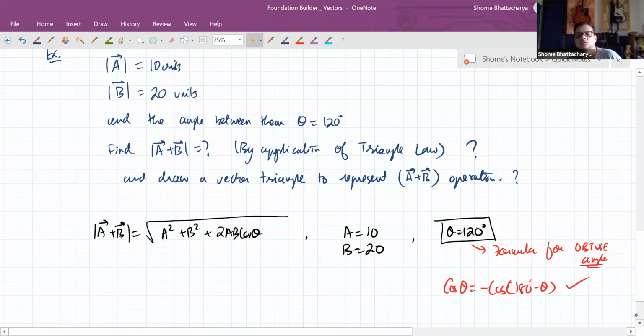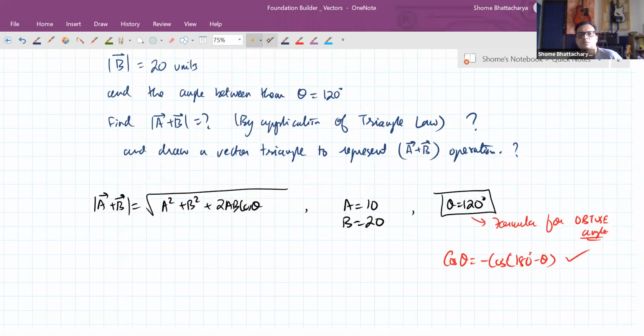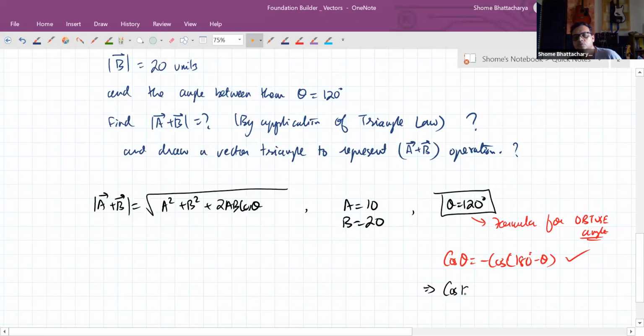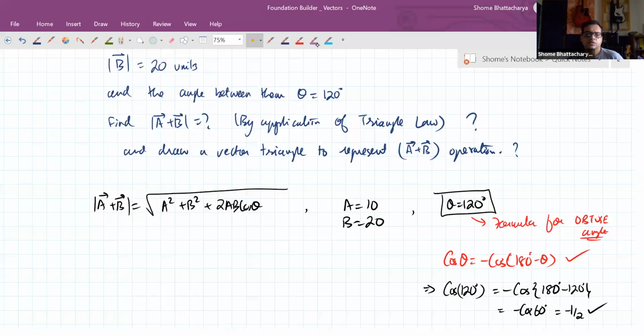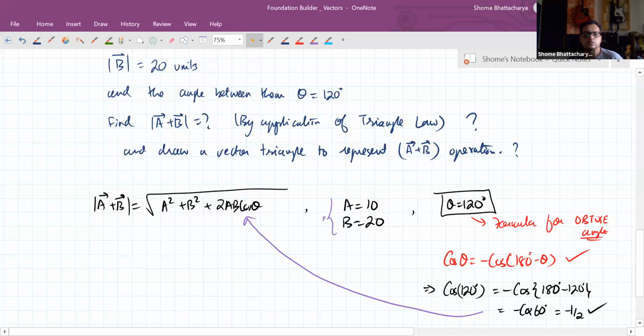So here the application of this formula will become what? Cos 120, we had just done this calculation above also. So cos 120 degrees is minus of cos of 180 degrees minus 120 degrees. So it is minus cos 60, so it is minus half. So this thing we will use. We will substitute this here along with this, of course.